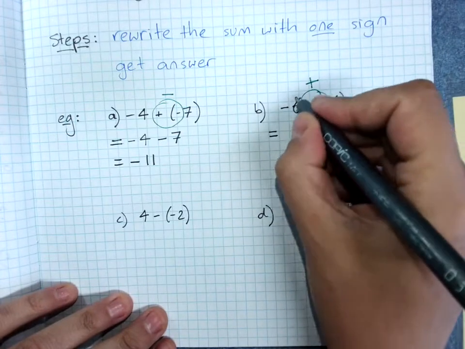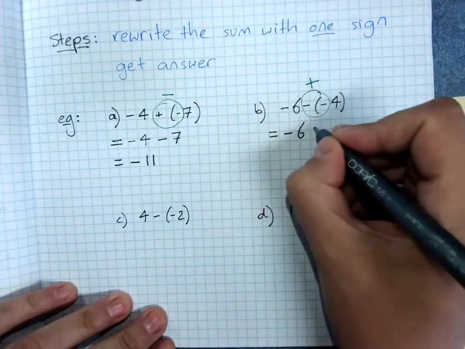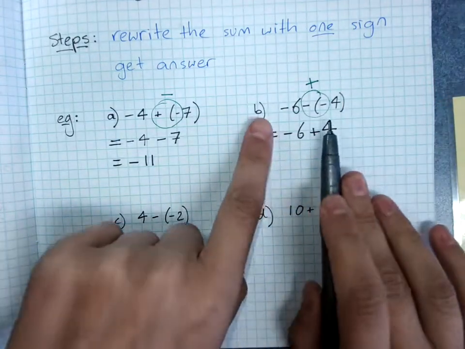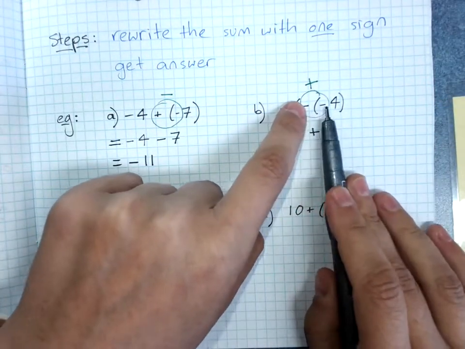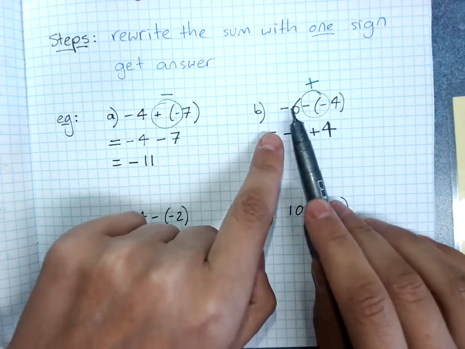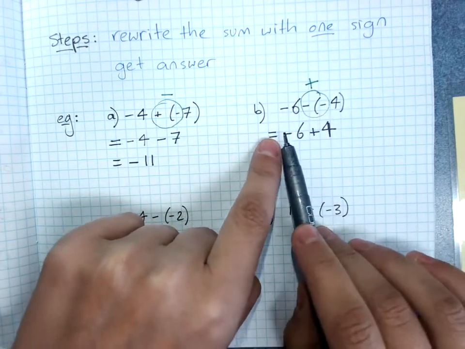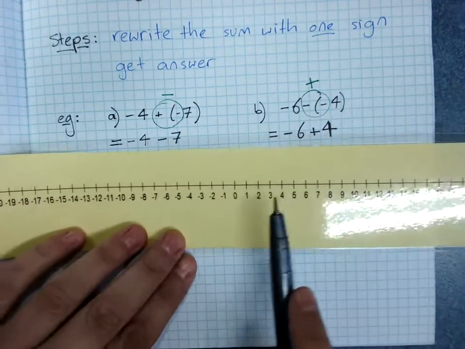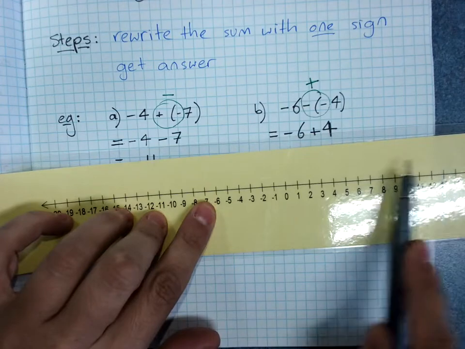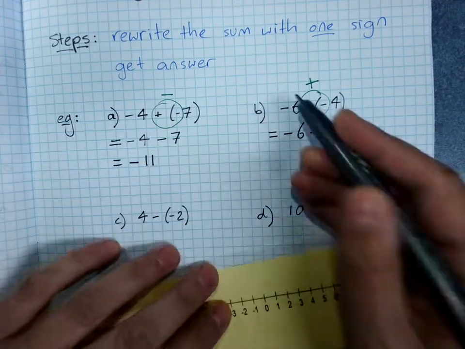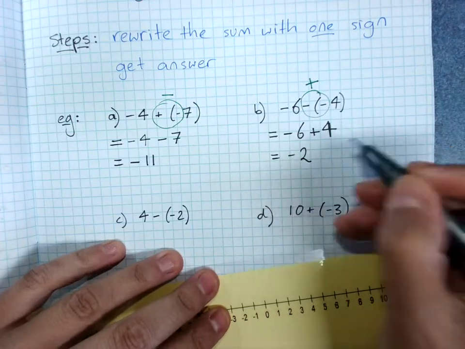Equal sign, -6 plus 4. So the negative minus a negative, it becomes a plus. Everything else is still the same. -6 minus -4 is the same as -6 plus 4. -6 moving positive for 4. 1, 2, 3, 4. That's -2.